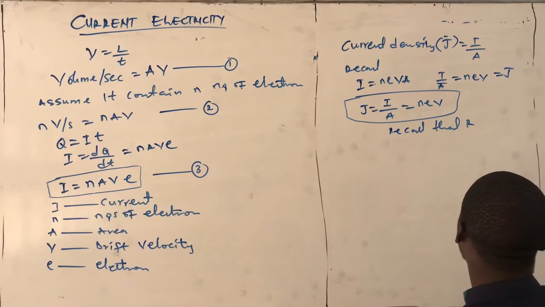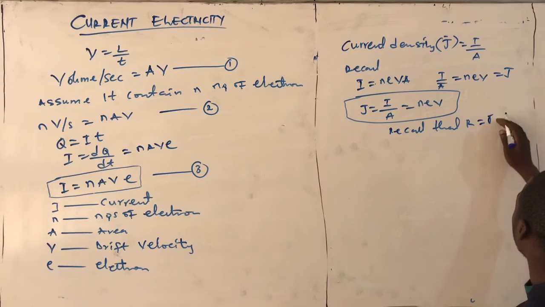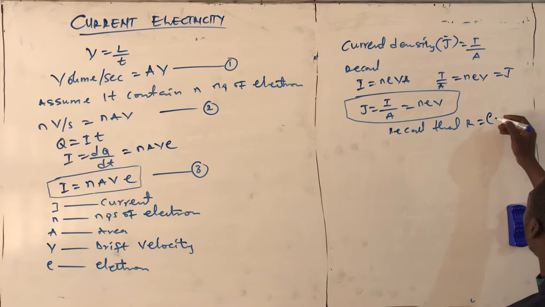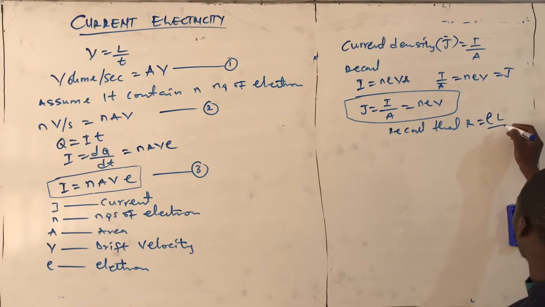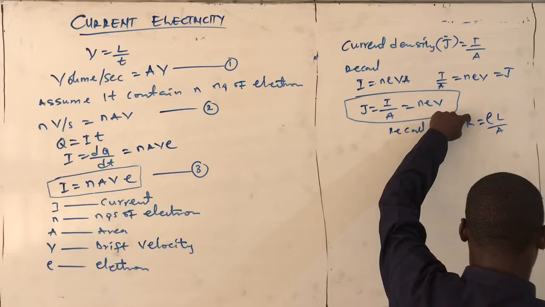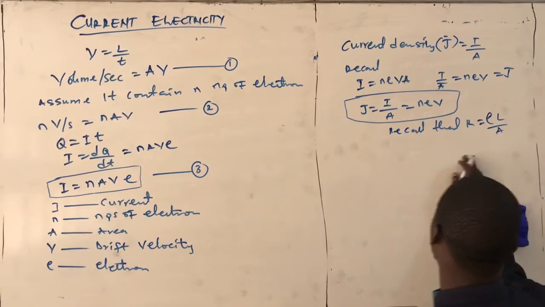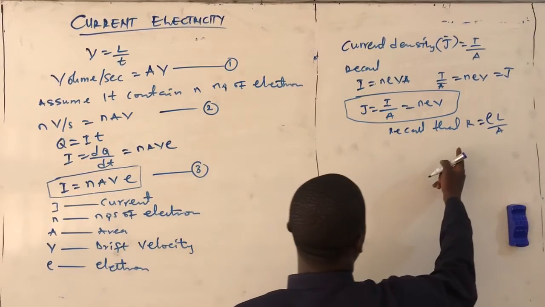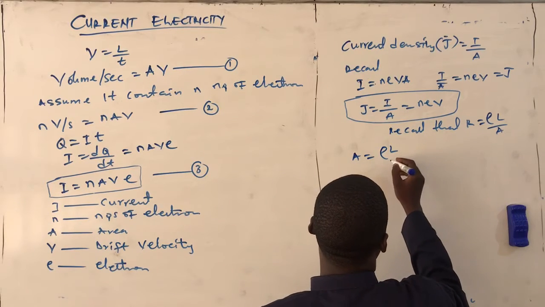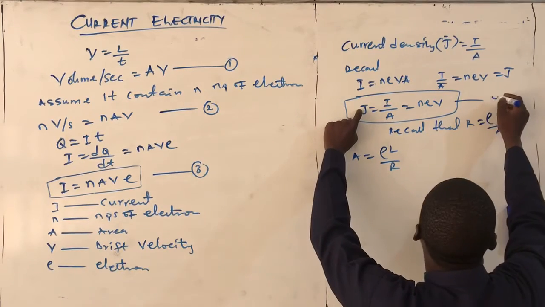Also, if we recall from Ohm's law, resistance is equal to rho L over A. This rho is resistivity, and this is resistance, length per unit area. If I make A the subject of the formula, A is equal to rho L over R. Let's call this equation 4.